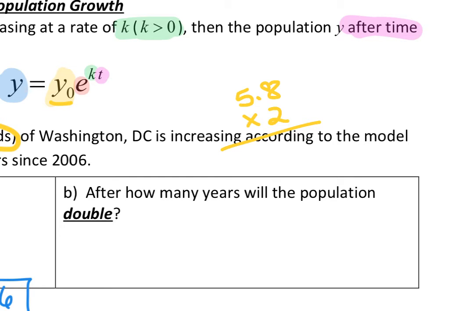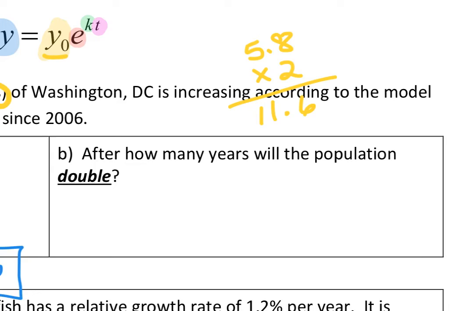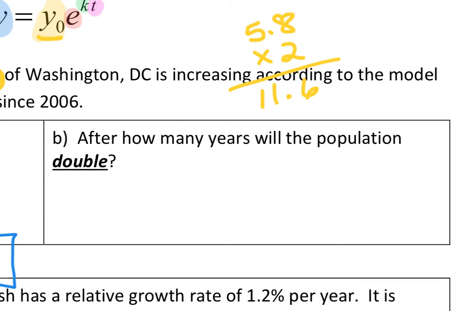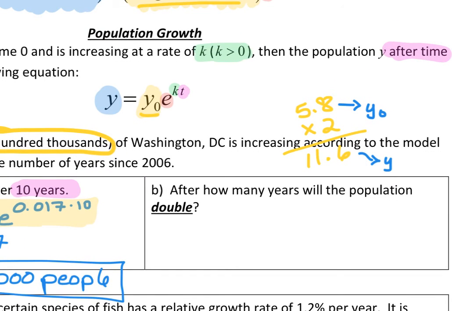Don't wait for me. And you get 11.6. You waited for me, didn't you? So that is going to be my y value, and where this is my y sub 0, you know how there's the two y's in the equation? This is going to be where the 11.6 goes.